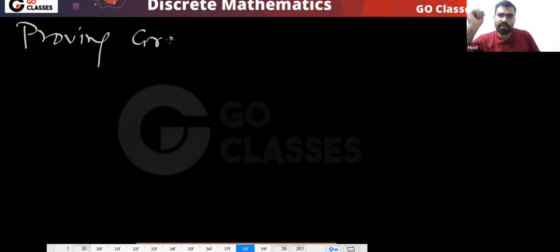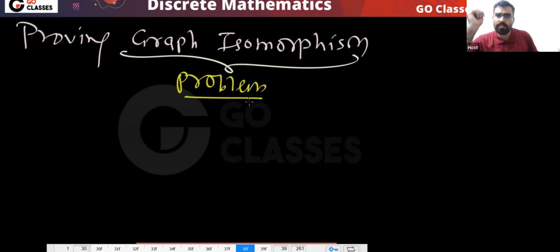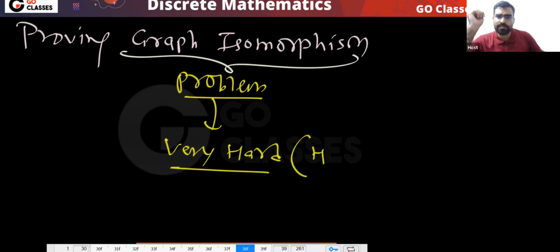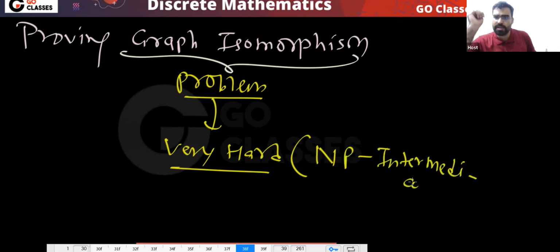If you want to prove that two graphs are isomorphic, this is a very hard problem. It is known as an NP intermediate problem. What does it mean?